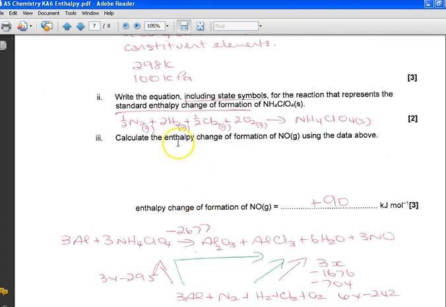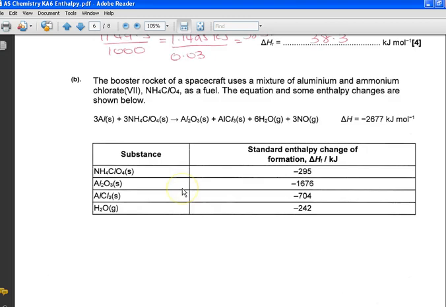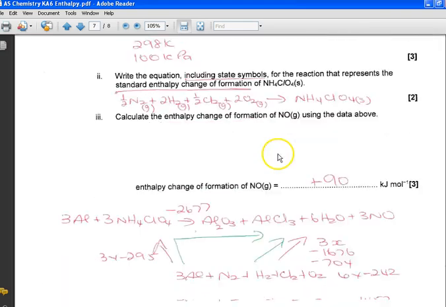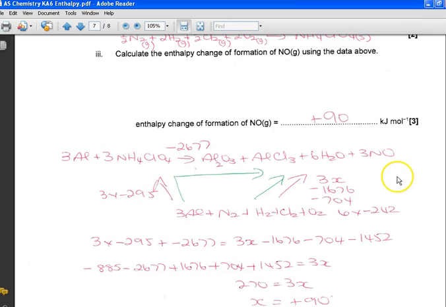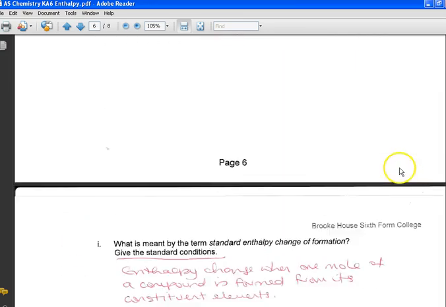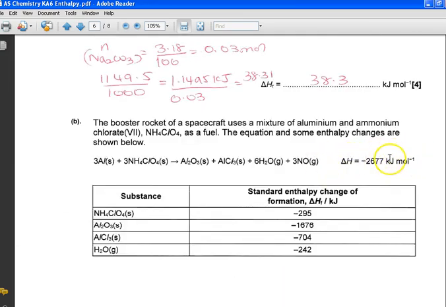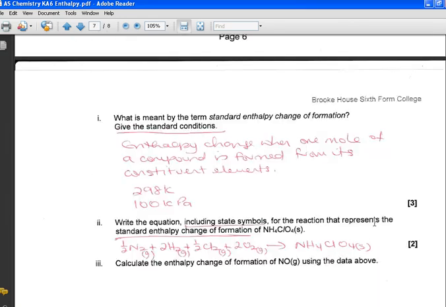And then the enthalpy change of formation of NO, which is in your original equation. You had to go back to this equation, yeah? So remember that. I rewrote the equation so that I could actually see what I was doing. Use the data from the table, because you're given the enthalpy change of the reaction there.